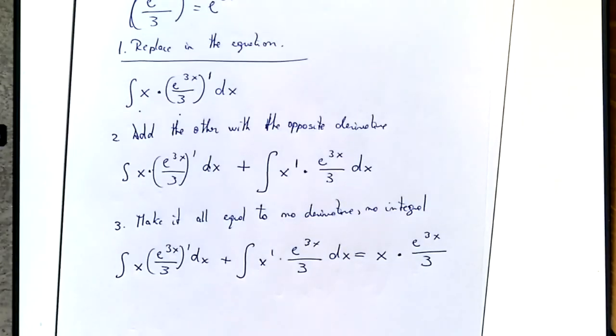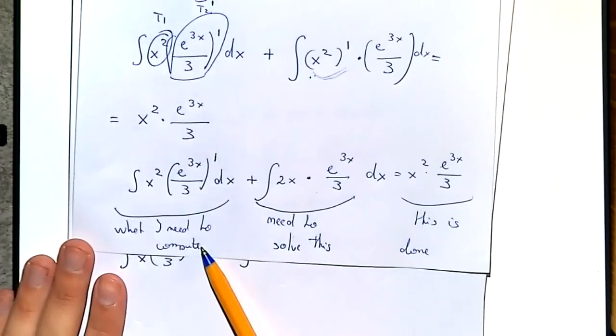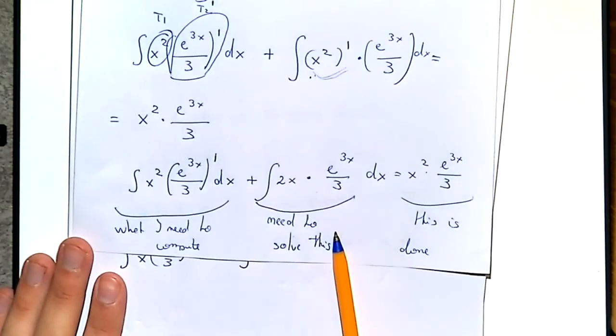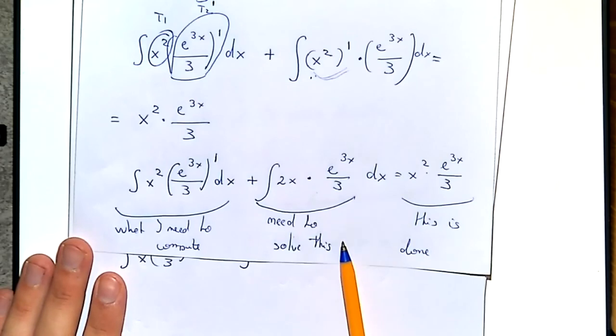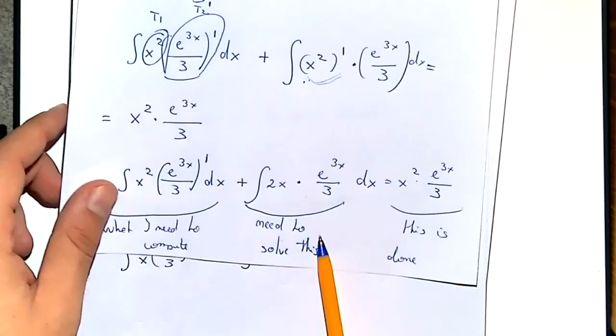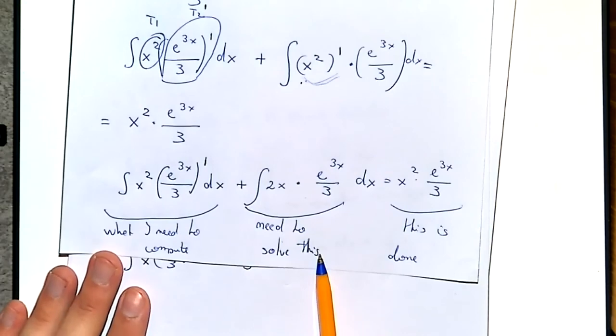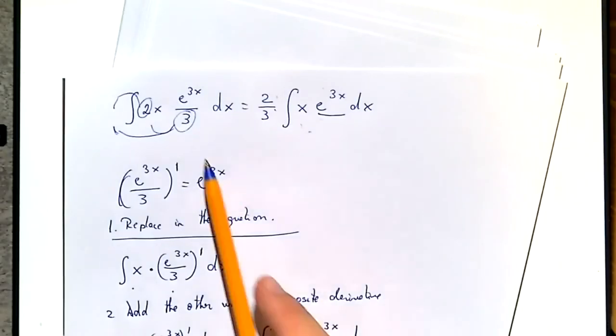No, we do not. Because I said, so we're here. This is what I need to compute. This is done, but I don't know what this is. I don't know what the antiderivative, what this integral is. So now I'm computing this integral. That's why I said I need to solve this. So now I am solving this. Okay?